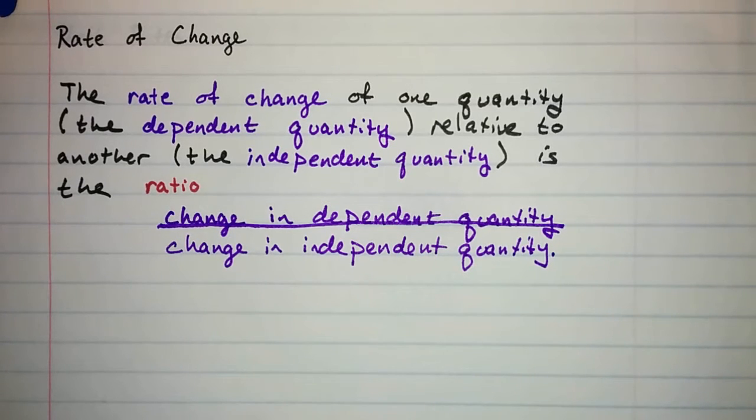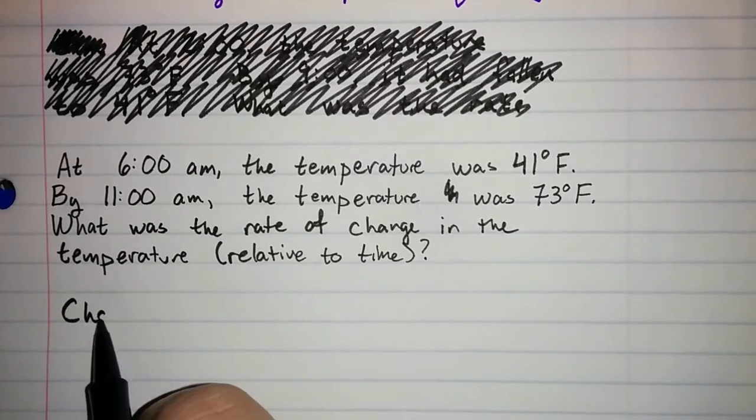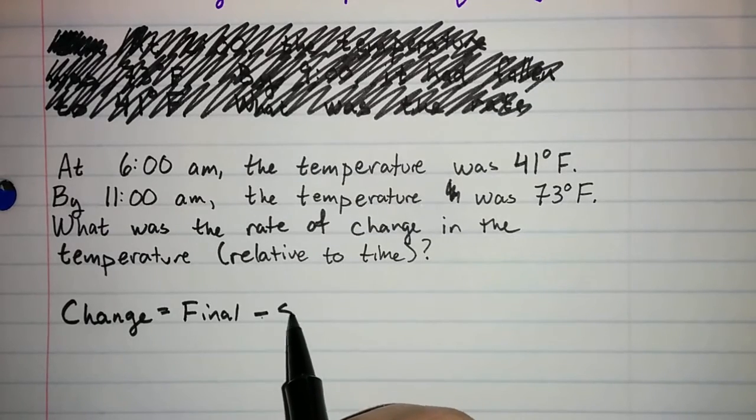So, for example, at 6 a.m., the temperature was 41 degrees Fahrenheit. By 11 a.m., the temperature was 73 degrees Fahrenheit. What was the rate of change in the temperature relative to the time? Now, recall what we said in the past, that change is final minus start.